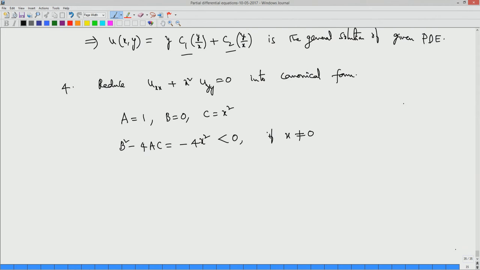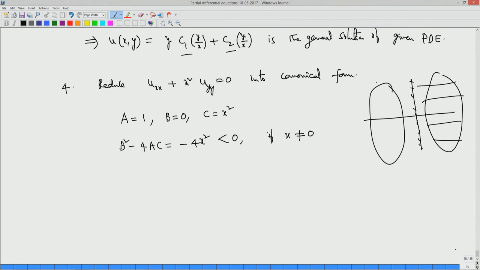So the domain is, when x equal to 0 means y axis, this you remove, so that means your domain is either this or this one. So you separate them and you work with each of these domains. What you get is your equation in these domains, canonical form in these domains with the same variables. So, that is how you can do.